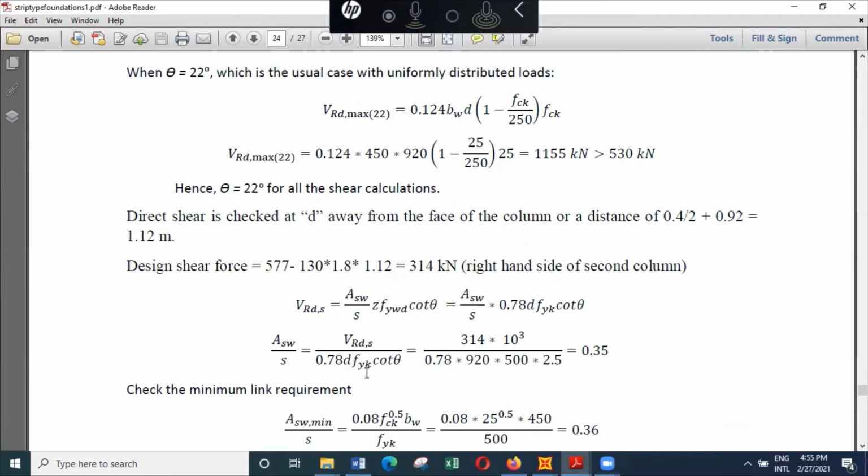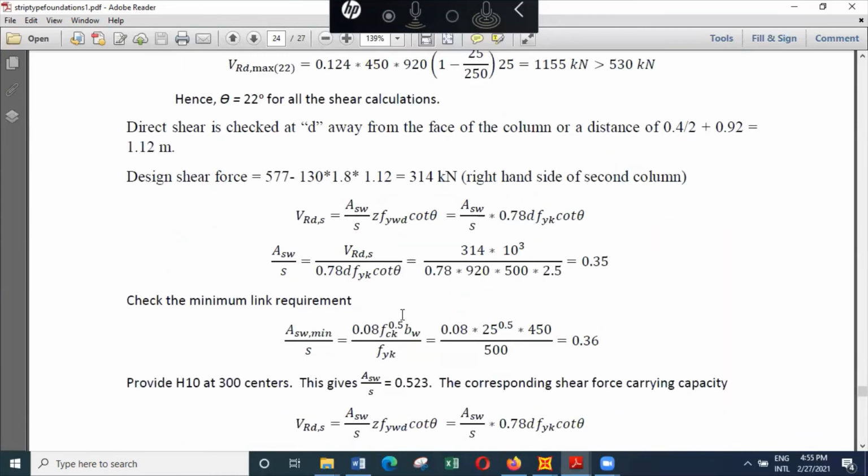So generally it's a good practice to make sure something like 12 times diameters, you'll get some constraint for the compression reinforcement. So actually it can be even reduced to something like H10 bars at 250 centers, because we have used H20 bars, and some of these bars can be in compression.